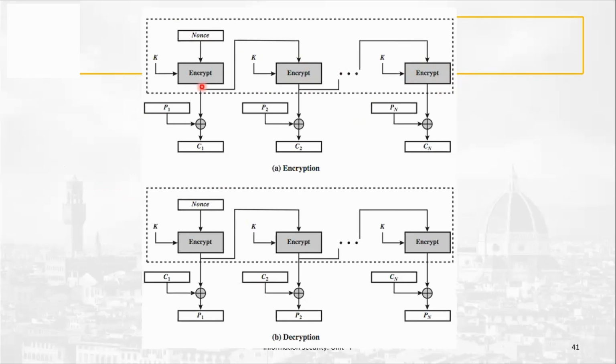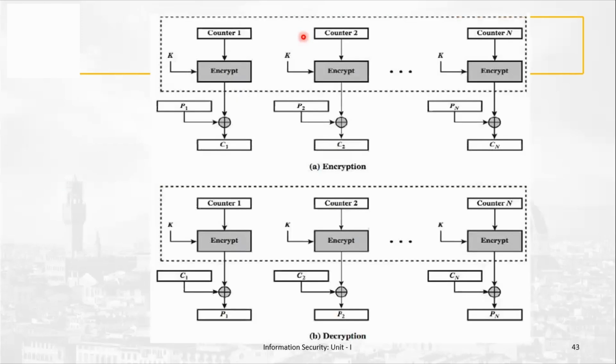So instead of putting some random text as the output of the first round into the input of the next round, what we need to do is create a separate number for each one.